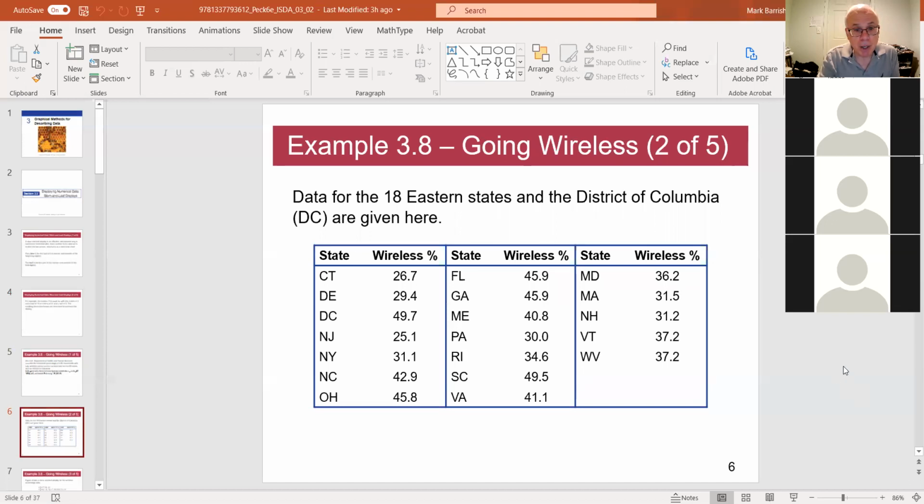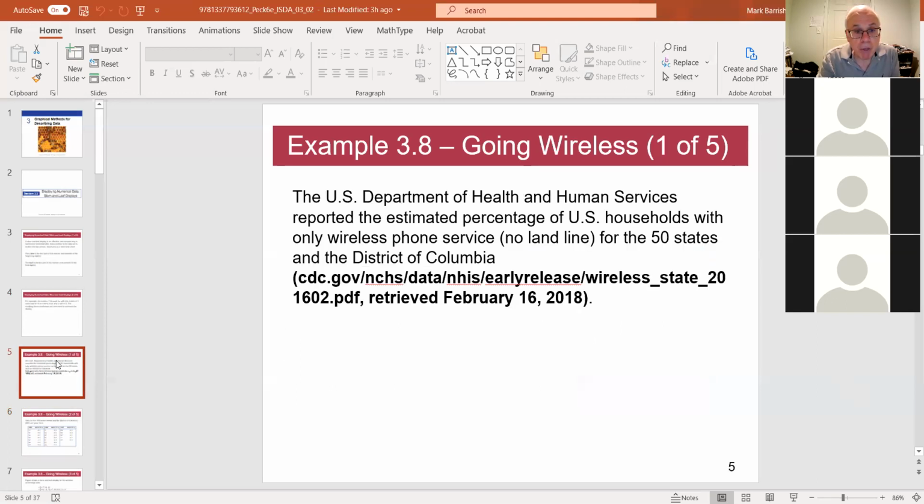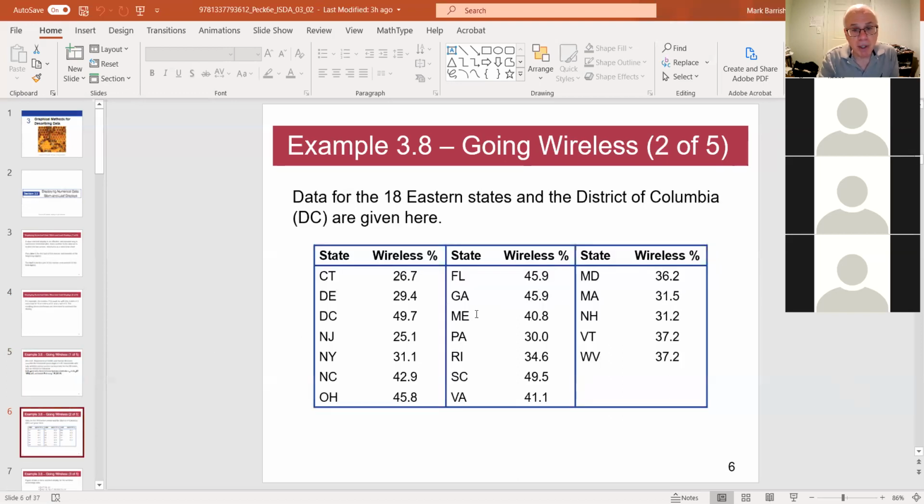Here are 18 states and the District of Columbia, not all the states, and here are the percentages of households with only wireless phone service, no landlines. Now, obviously, these are probably higher percentages now. All right. But anyway, here they are.